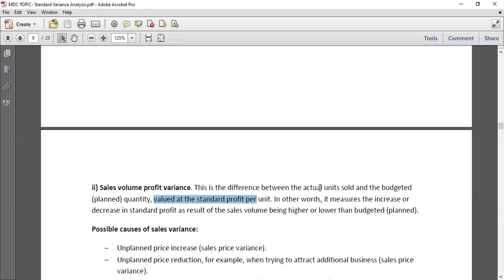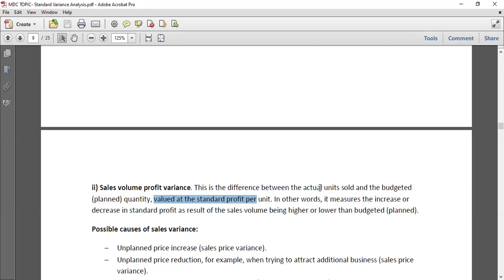Maybe my standard profit per unit was 20 shillings, so I multiply 20 shillings times the 400. That is the key principle, and that's what we basically do.